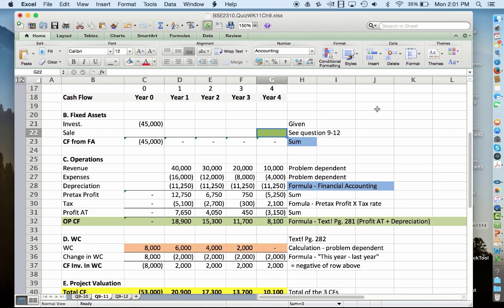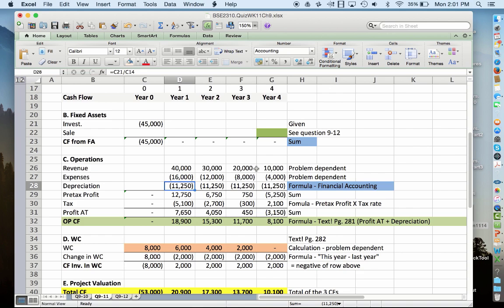Then we have the operations piece. We just went through that. So I've got the revenue from above, I've got the expenses from above, and the only new thing here is the depreciation. So I take the cost of equipment and I depreciate it over 4 years. So 1, 2, 3, 4.